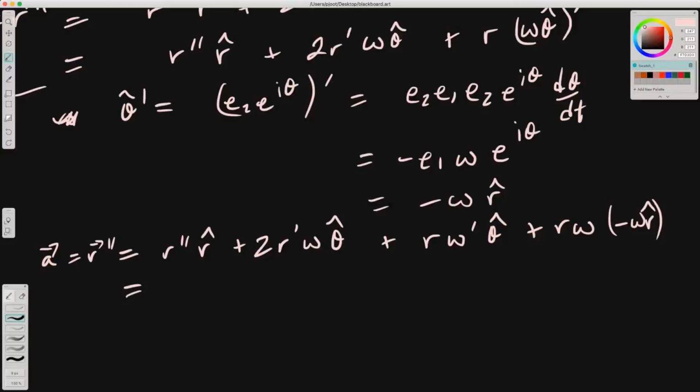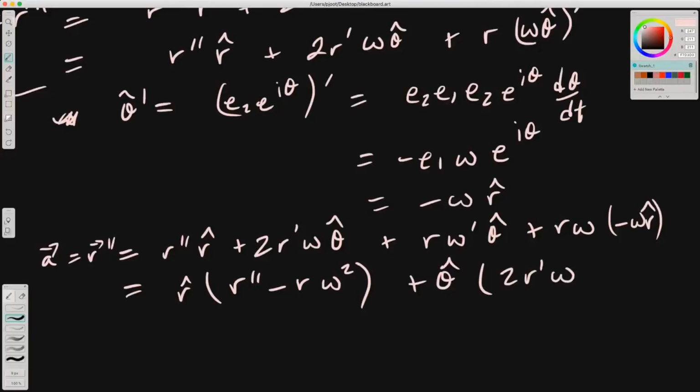And we can group terms. So that is r hat times r double prime minus r omega squared plus theta hat times 2r prime omega plus r omega prime.